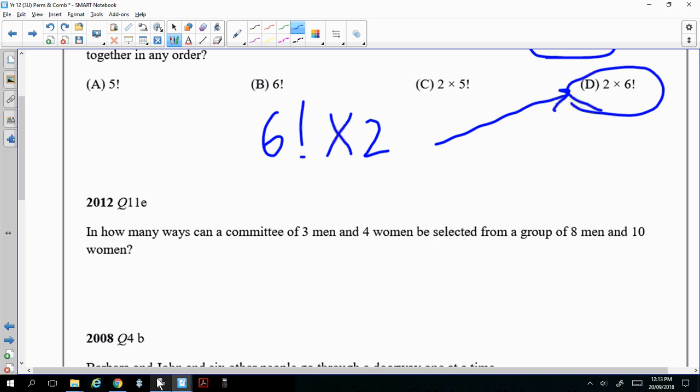Okay, good, excellent. All right, how about the next one? Who wants to volunteer to tell me? These are not very hard. Maybe Marco.